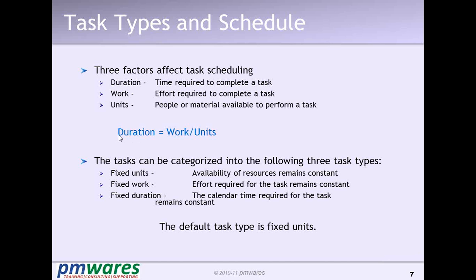See, this is the normal formula. Duration is equal to work upon unit. Okay. In this, Sujata, please mute yourself. So in this, duration is equal to work upon unit.